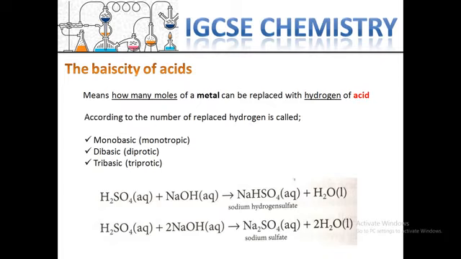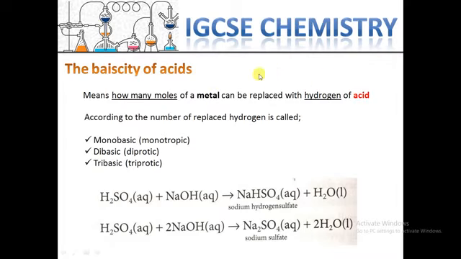The meaning of basicity of acids is how many moles of a metal can be replaced by hydrogen of the acid. If you remember, before we learned that salt is the result of replacement between the hydrogen of an acid and the metal.